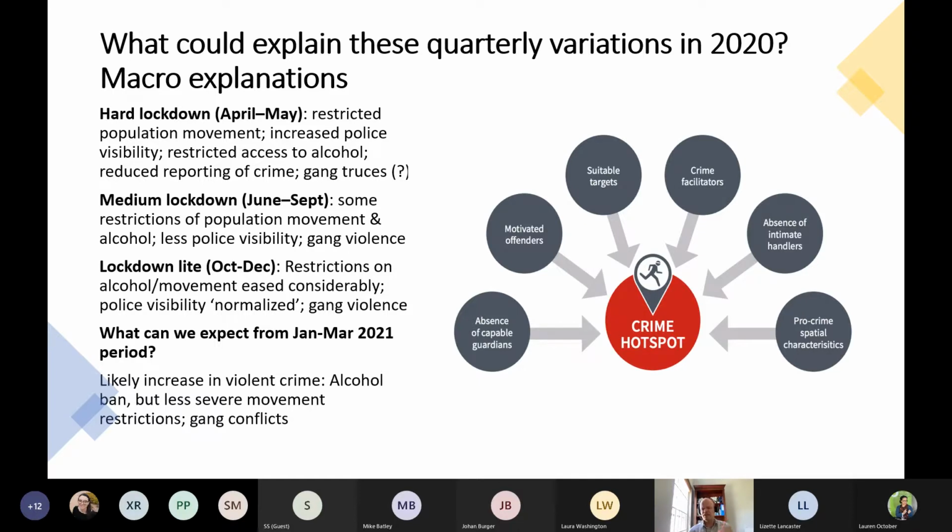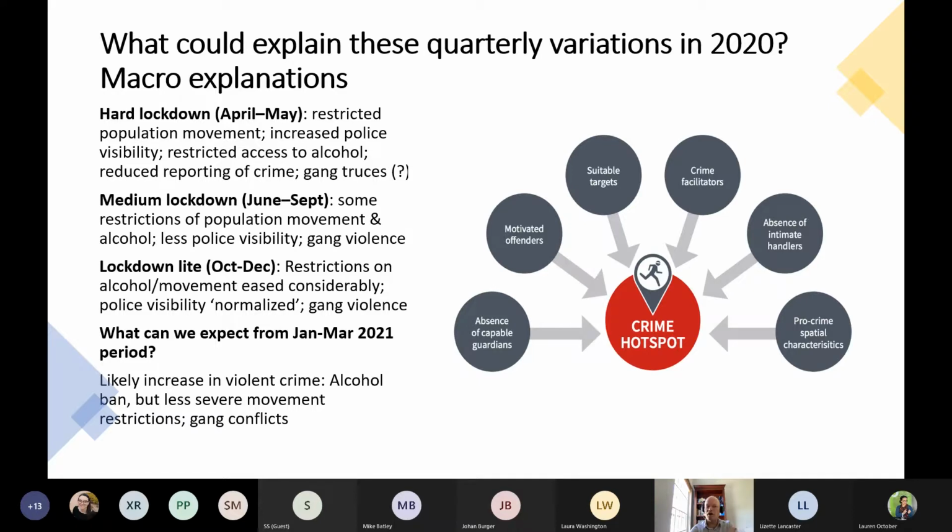There are also other things here, talking about intimate handlers around potential perpetrators of crime. If there is someone who can exert some sort of influence over these people, then what can happen is that they might not commit the crime. So that's the kind of thinking, quite robust criminological theory. So we can apply that to looking at these 3 quarters of crime stats.